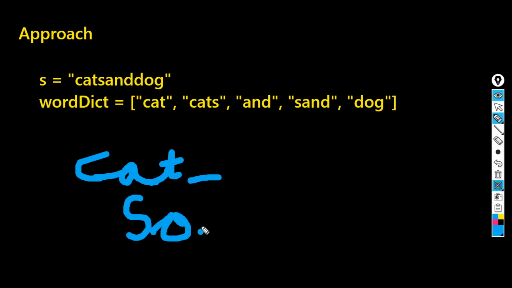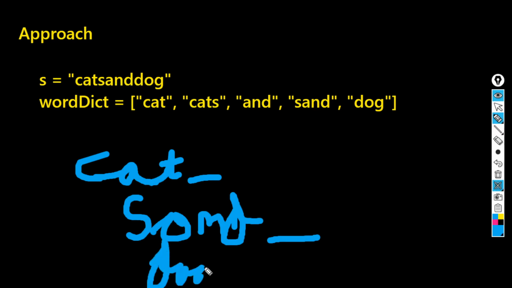Then A, then N, and then D. And then we'll check whether it is there or not. In this case it is there, so we'll put a dash. Now after that DOG is also there, so we will put a dash, then we'll combine all, and at the end we'll trim. So cat, sand, dog will be our first answer.